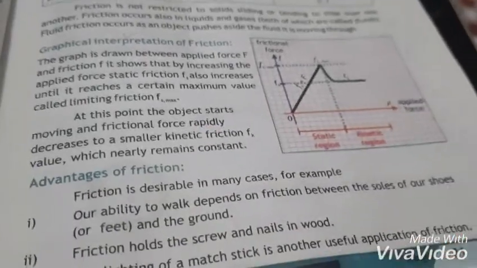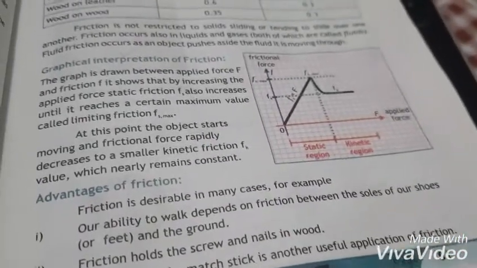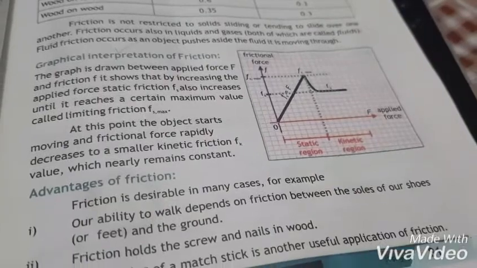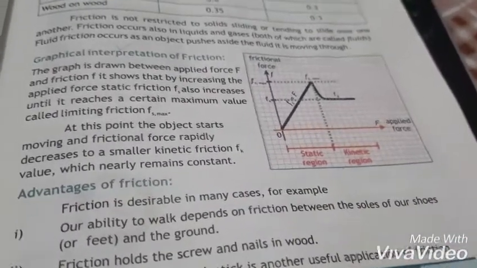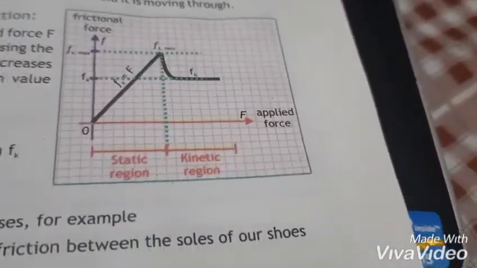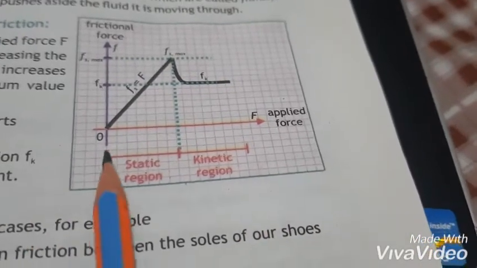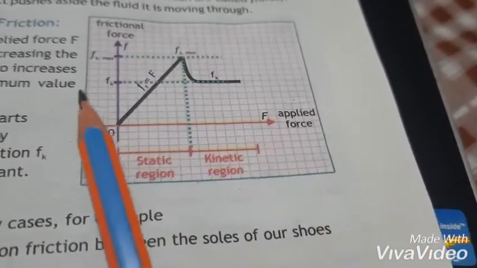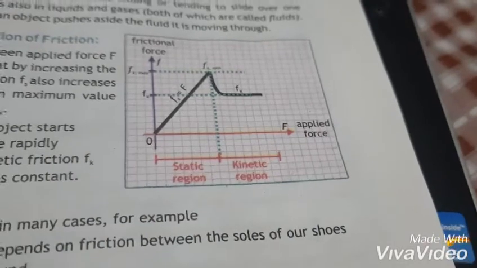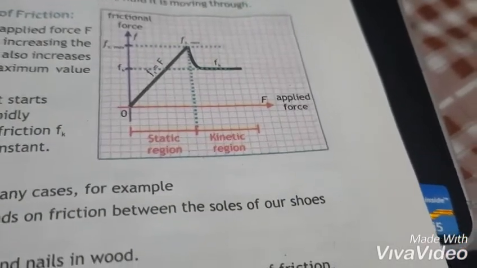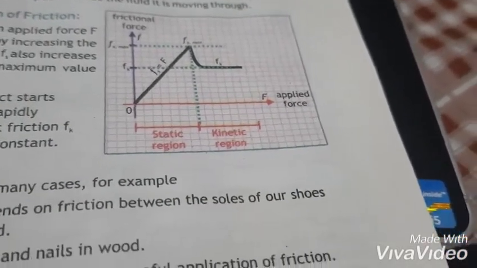So let us start with how graphically we can represent these frictions, and how kinetic friction and static friction are correlated with each other. From the diagram you can see that along the x-axis it's applied force, and along the y-axis it's frictional force. So let us start from a simple description, and then we will draw the graph.